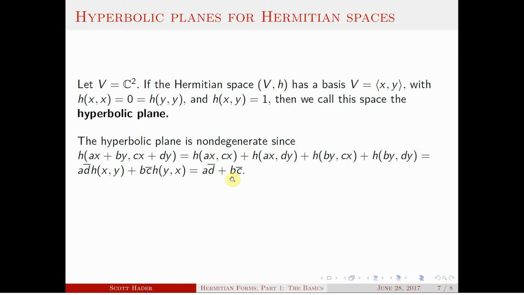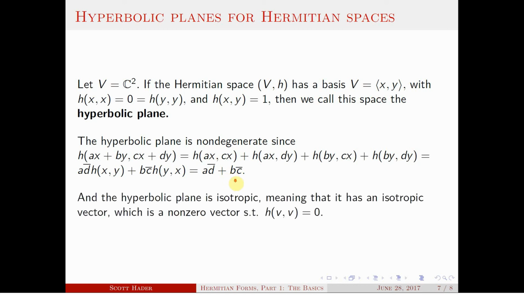So it's non-degenerate. And the other sort of trivial observation we're going to make is that it's isotropic. And remember what it means to be isotropic? It's got some vector that takes itself to 0 under the form. And we've got two vectors that satisfy that, which is more than the one that we need.